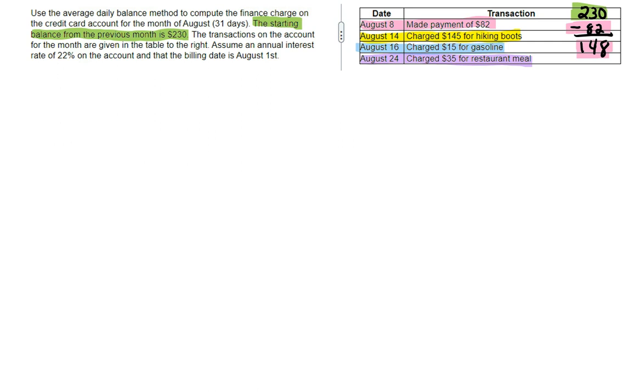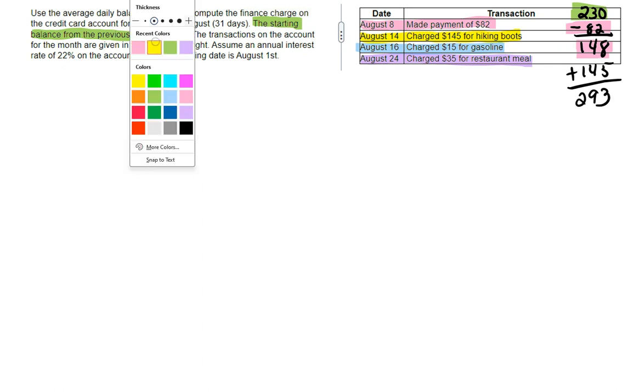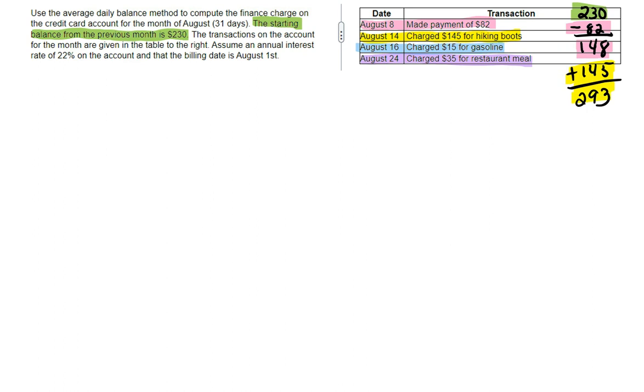Then in yellow, you made a charge on August 14th. Charging takes your balance up, and up by $145 is going to put me at $293. So now that's all yellow stuff. Then in the blue, you made another charge of $15.